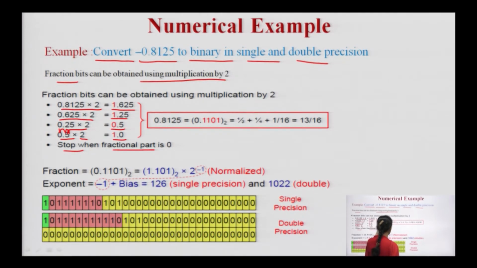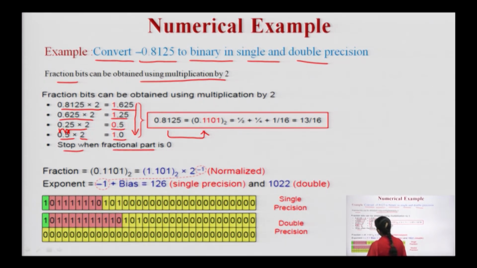So, my 0.8125 comes out to be 0.1101 in base 2, because it is represented in binary numbers. How have I done it? 1 by 2, 1 by 4, 1 by 16, 13 by 16. I have written these from top to bottom, 1101, that series of zeros and ones I was getting after multiplication.